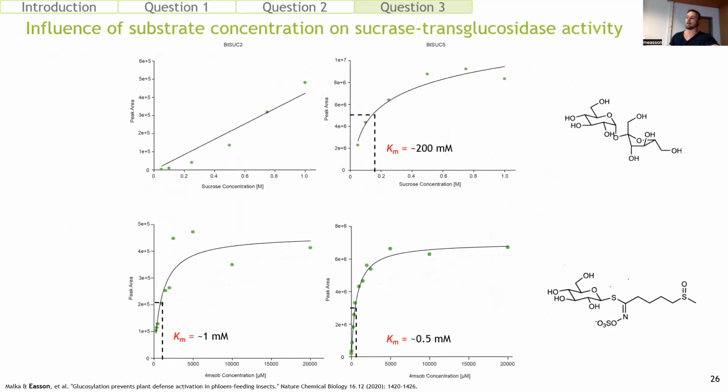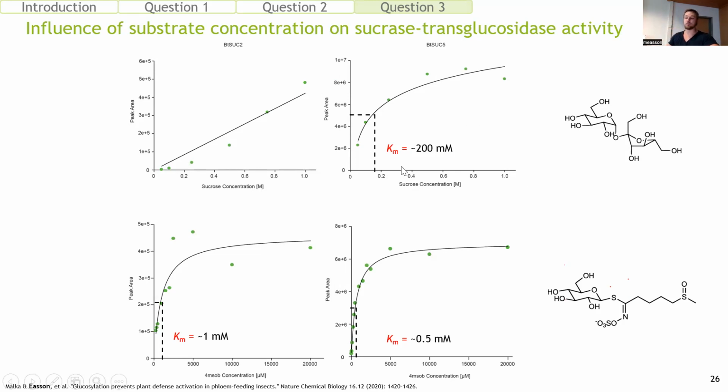Now, in order to understand if these enzymes were really responsible for this, we can focus more on Bt sucrase 5 because it behaved a little bit better in the kinetic assays. What I did was determine KMs in saturating concentrations of each of the substrates, sucrose and phloem-SOB glucosinolate.